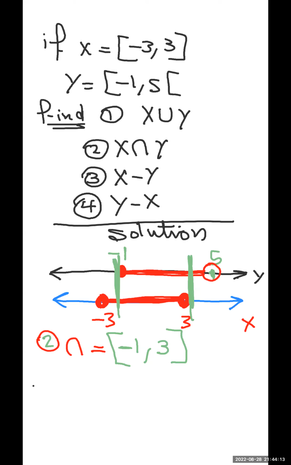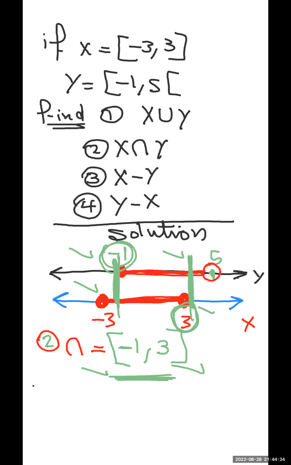What are these elements? It's -1 and 3. So I wrote -1 and 3. Shaded here and here, closed. Here and here, closed. That's it. Okay, guys, are we clear? Clear, yes, Mr.